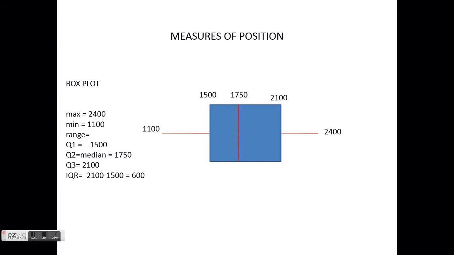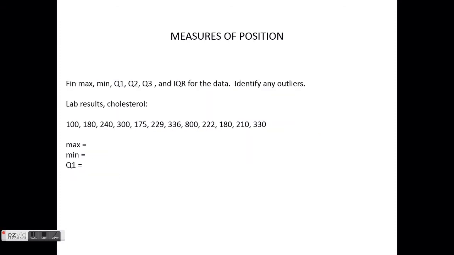We have 25% between the first quartile and the second quartile. 25% of all the data is in that 250 range. So we have a high density of data between 1500 and 1750. Does that make sense? I hope it does. That's the box plot.